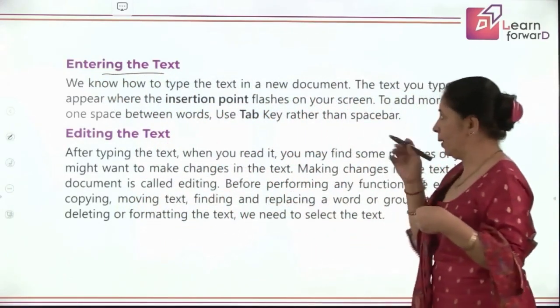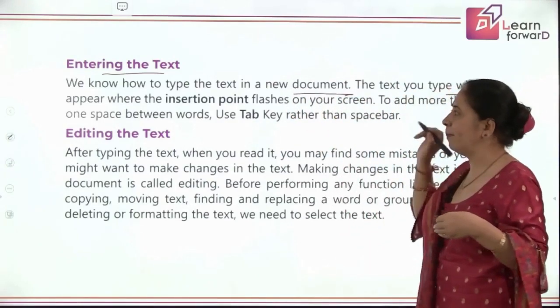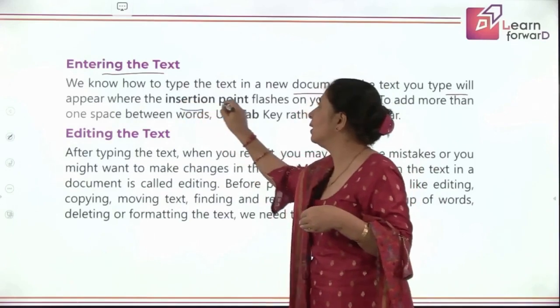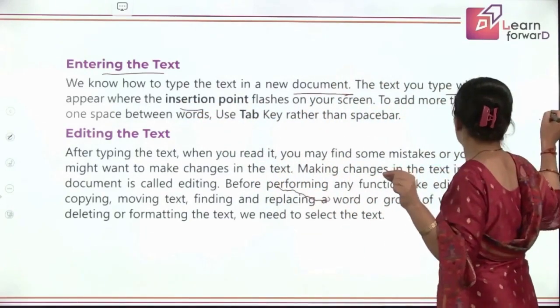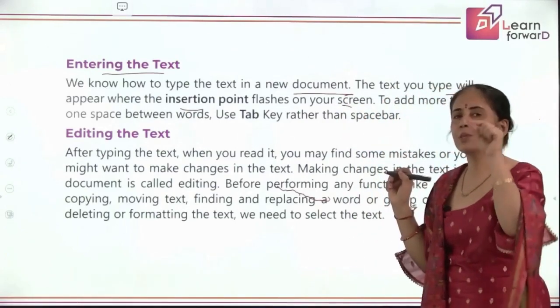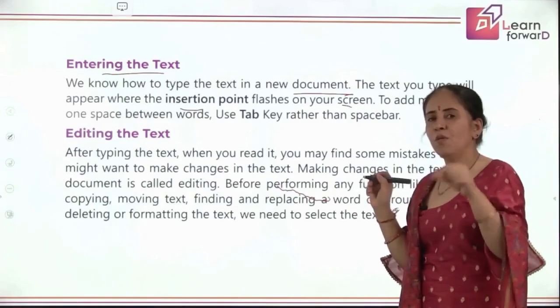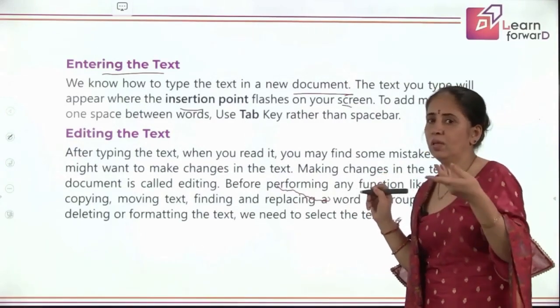And then we will talk about how the text is entered. You know how to type text in the document. The text which you are typing will appear at the insertion point, that is at the location of the cursor, which I just shared with you. Okay, so this insertion point is a specific location, children, where every typed alphabet will be visible on the screen.